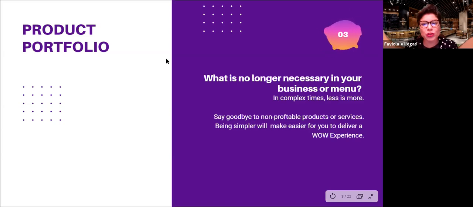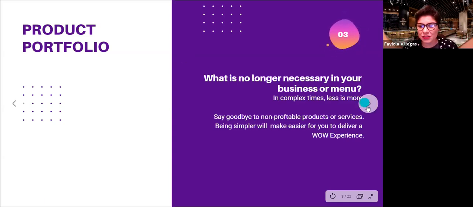Being simpler will make it easier for you to deliver a wow experience. Say goodbye. You don't need them. Right now we are facing a challenge. So let's focus on what we can give with excellence.